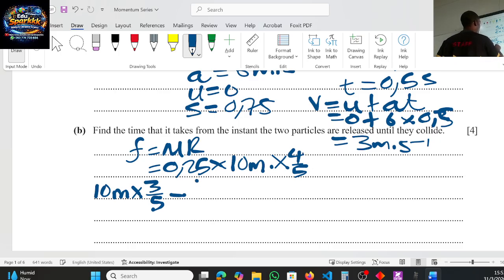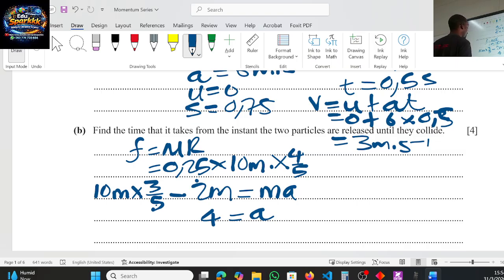But remember, there's a 4 and 4. It looks like it simplifies to 2m being equal to mass multiplied by acceleration. And when I do my simplifications, here I get 5 into 10, that's 2 times 3, 6, minus 2. So it ends up giving me my acceleration being 4 meters per second squared.